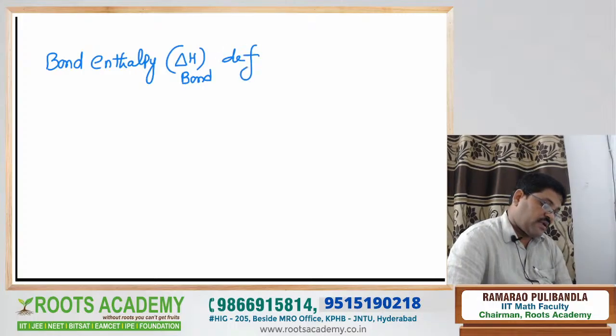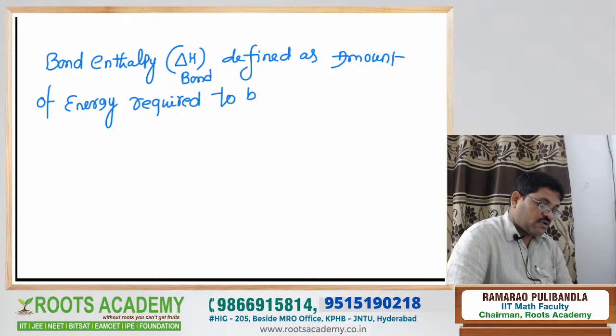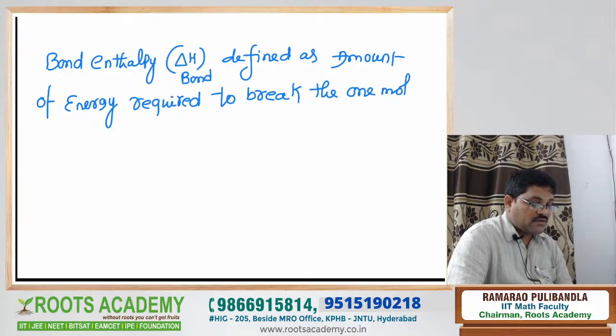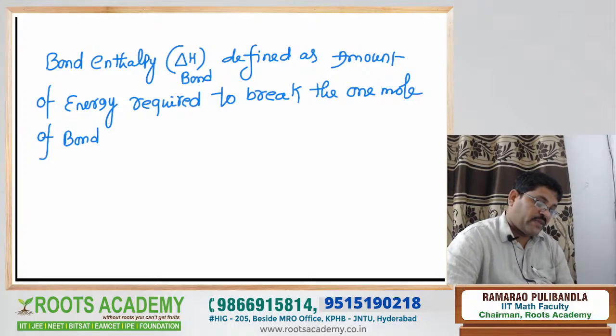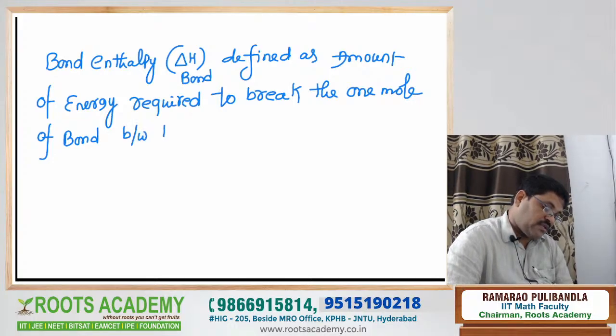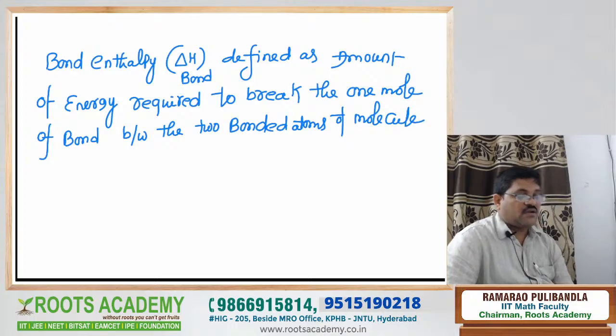Bond enthalpy is defined as the amount of energy required to break 1 mole of the bond between the two bonded atoms of a molecule. That is the meaning of bond enthalpy.